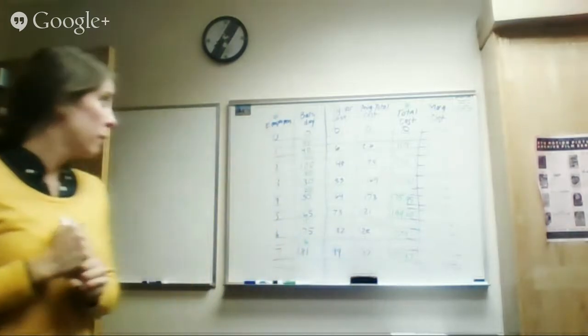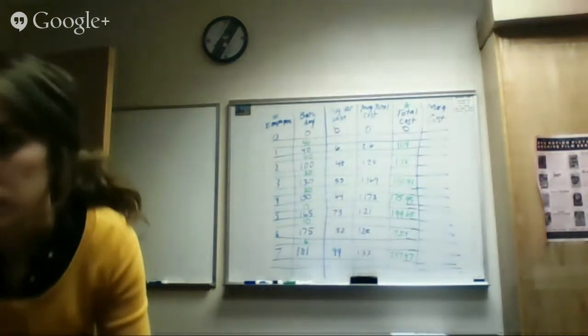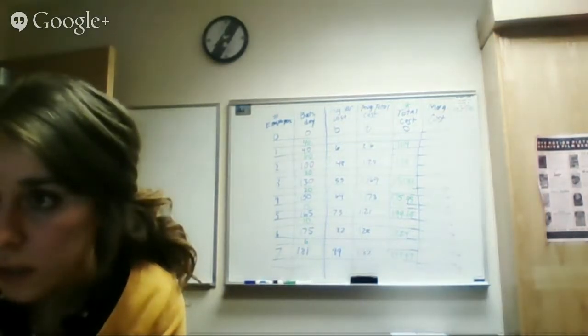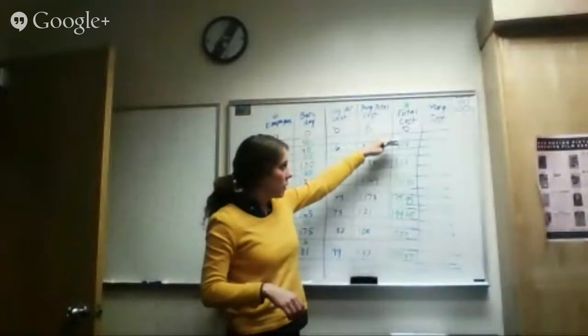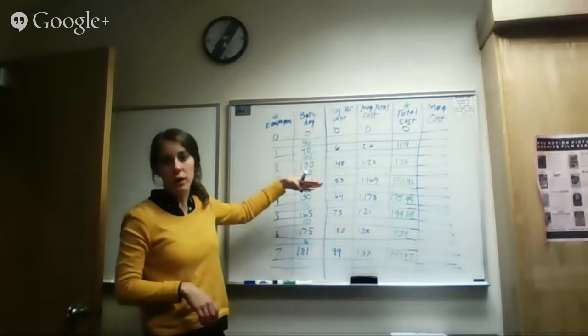Okay, so now to come up with the marginal cost for bats, I still need to know how much my total costs are increasing and how much my bats per day are increasing.